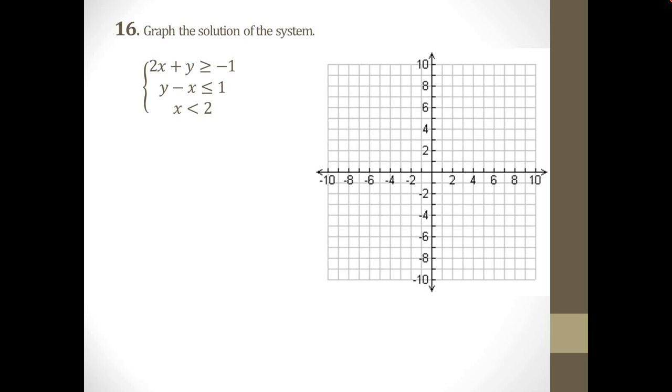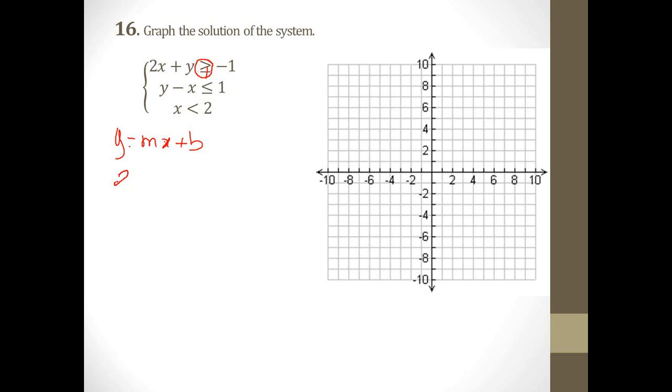I'm gonna do them one by one. I'm gonna need all of them to be in y equals mx plus b form. I'm just gonna pretend it's an equal sign, and at the end I'll do whatever I need to do with it so we can solve this.